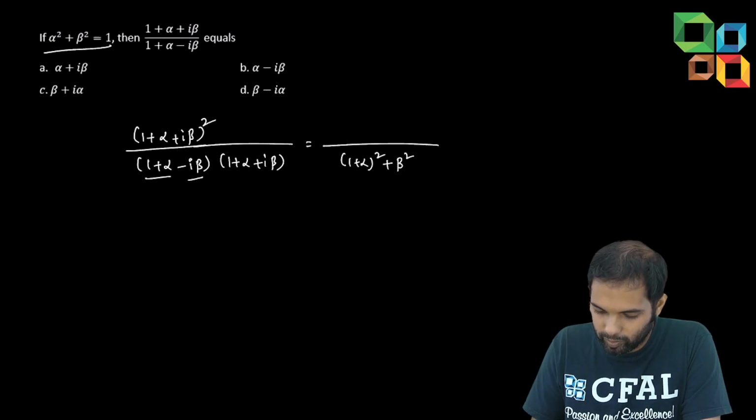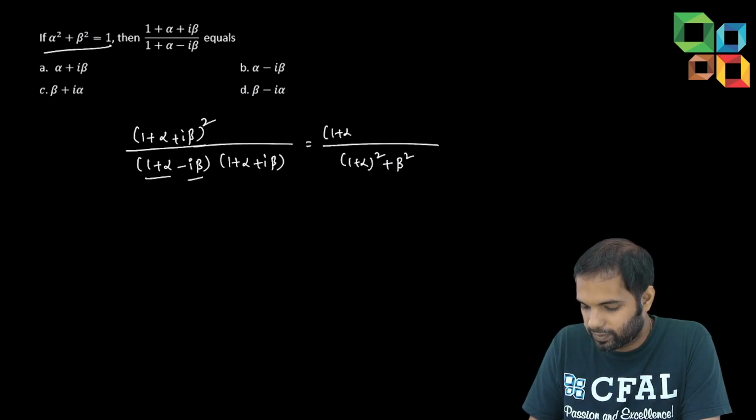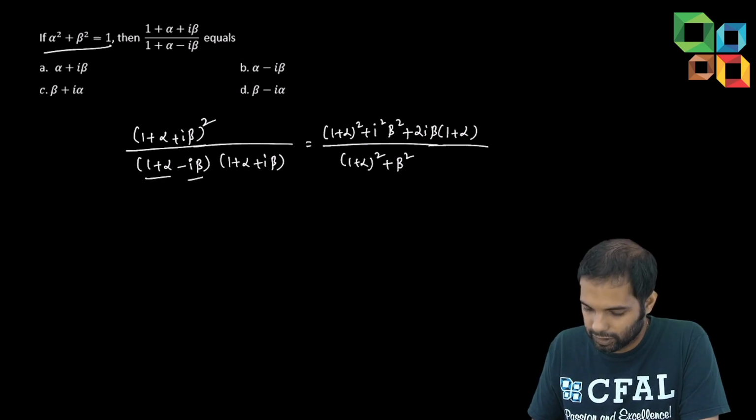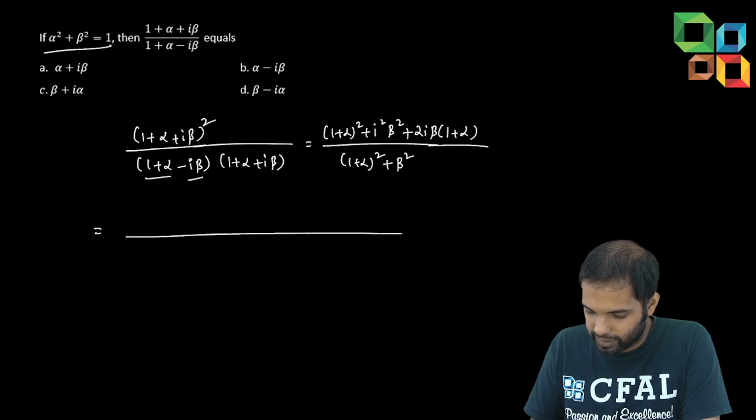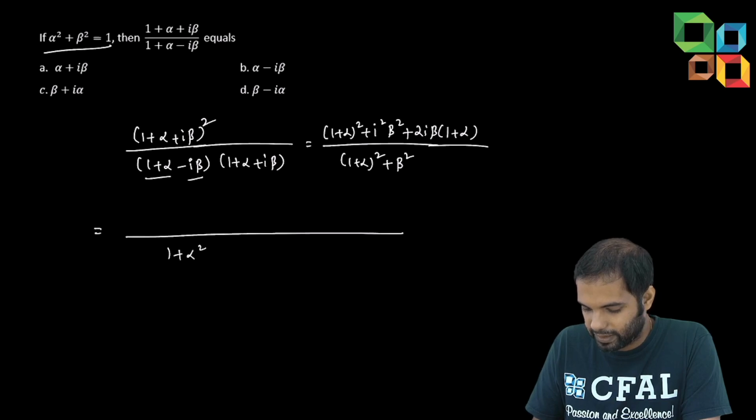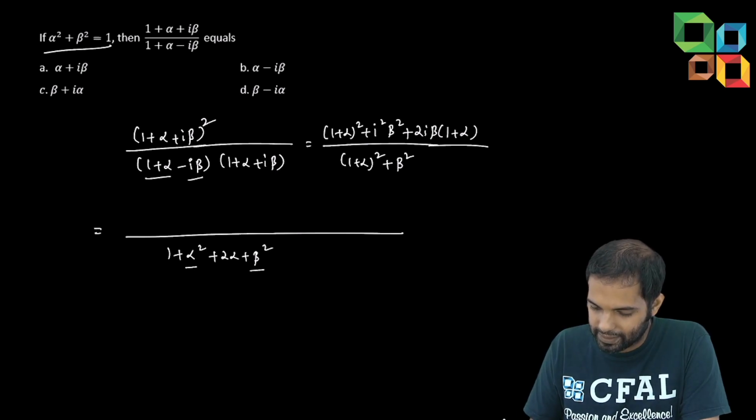Agreed. Numerator, similarly, (1 plus α) whole square plus i square β square plus 2iβ into (1 plus α). Agreed. So let us look at what happens. Denominator, expanding: 1 square plus α square plus 2α plus β square. Now we know that α square plus β square is equal to 1. We'll use that anyways.